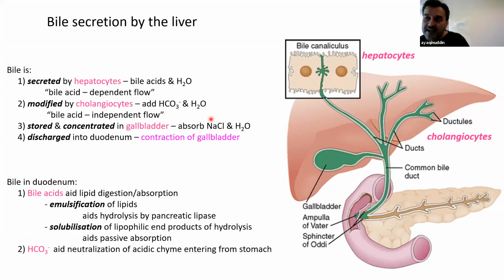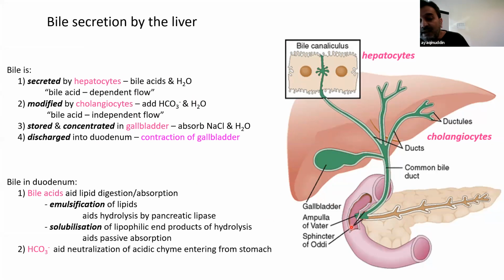The bile released by the hepatocytes is different from the bile in the gallbladder, because it is more concentrated with more bile salts. When you take a meal, there is contraction of the gallbladder and relaxation of the sphincter of Oddi, which allows the stored bile to go into the duodenum.